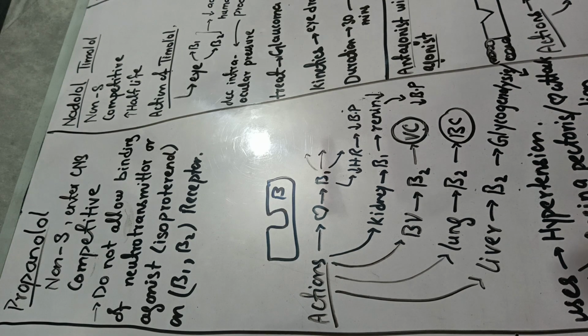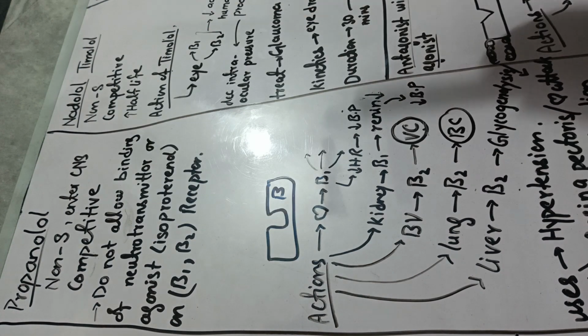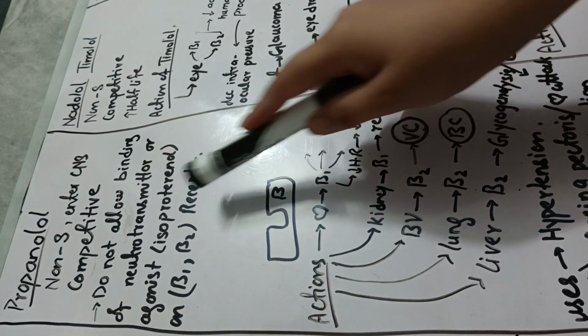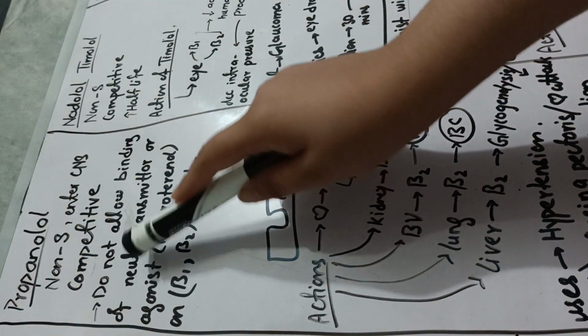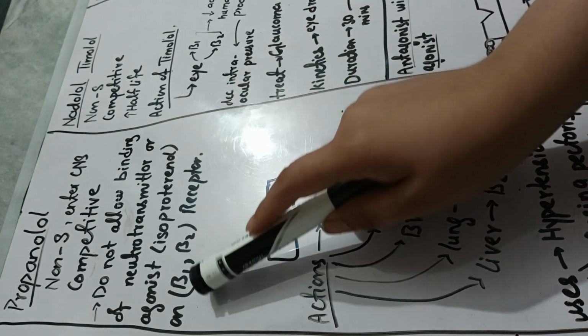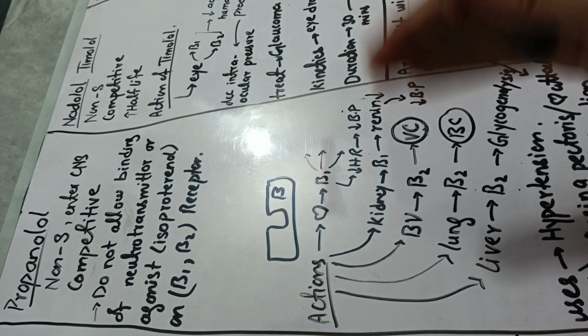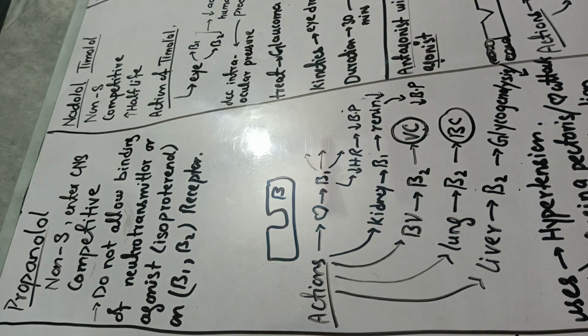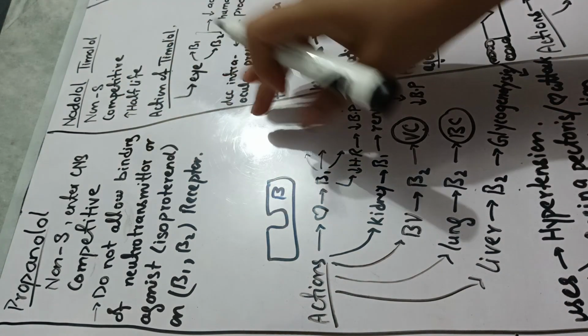The next thing is that propranolol is quite competitive, so it is ready to fight and take its place. One more point I have written is that it doesn't allow the binding of your neurotransmitter or your agonist, which is isoproterenol, on the beta 1 and beta 2 receptors. Let me explain this point with the help of a diagram.